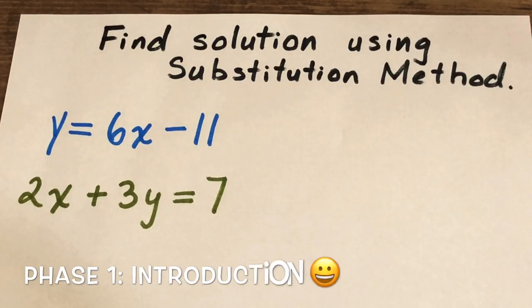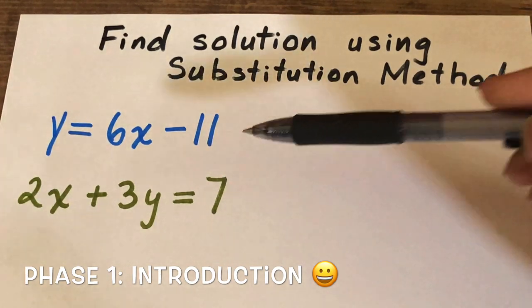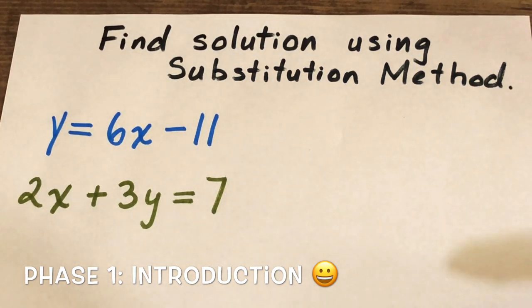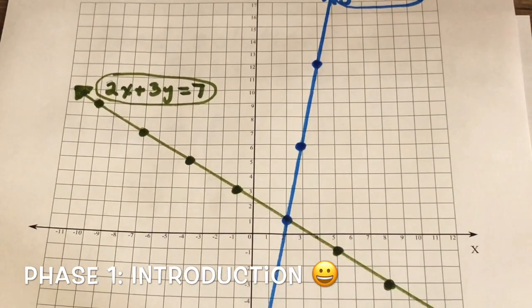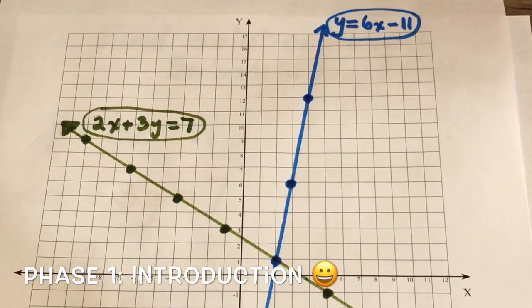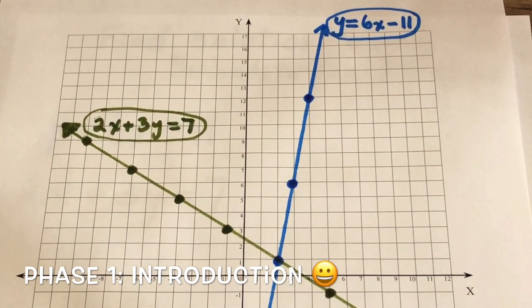Here we have two equations, and these two equations are linear equations. That means they will form a straight line when you graph them. So let me show you what the graph looks like. Ta-da! Here are those two equations.